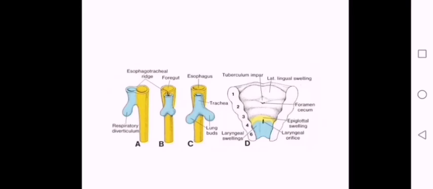A longitudinal septum, called the tracheoesophageal fold, develops in the laryngotracheal diverticulum, and this septum approaches from side to side, from these two sides, till it separates the trachea ventrally from the esophagus totally.